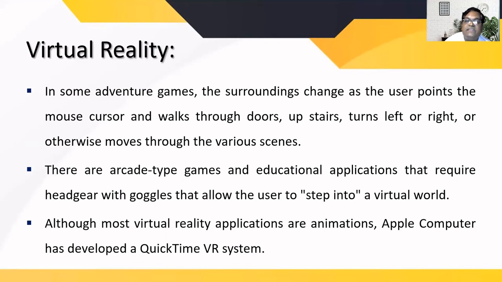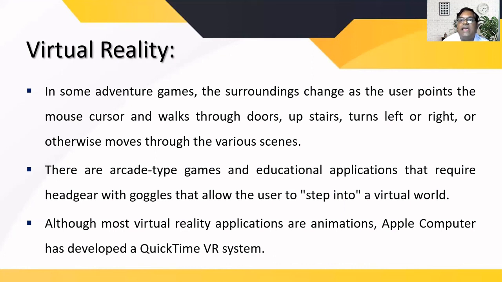And in some adventure games, the surroundings change as the user points the cursor. You can walk through, go upstairs, or turn left or right. Otherwise, you move through various scenes that can be seen with the effect of virtual reality. There are arcade games and educational applications that require headgear with goggles that allow the user to step into a virtual world.